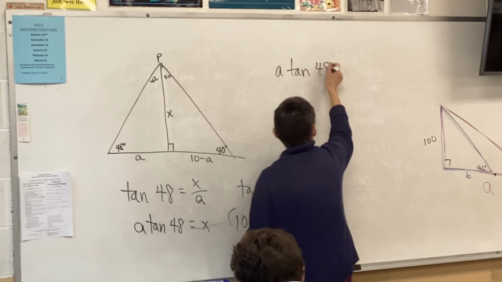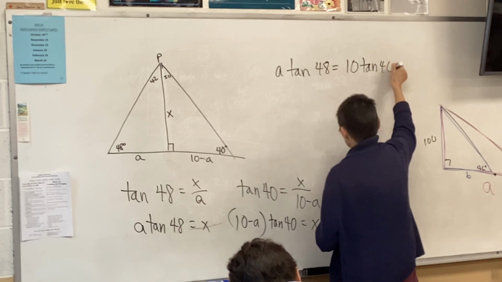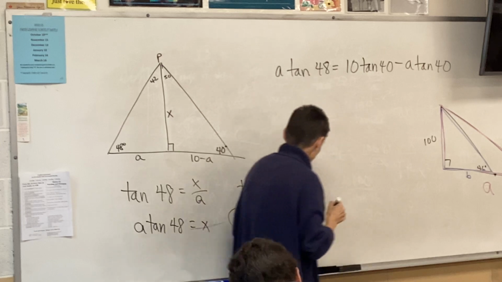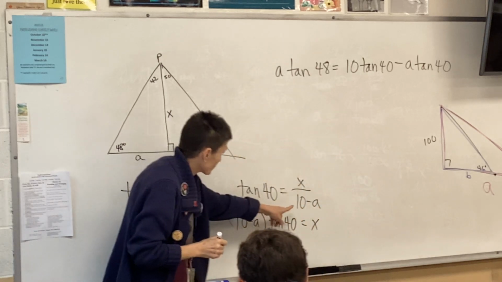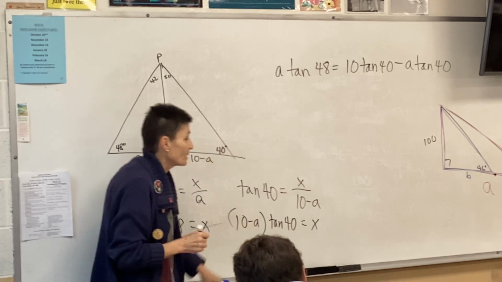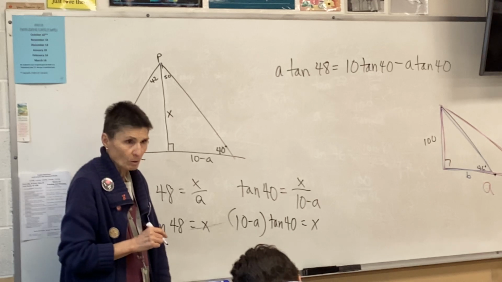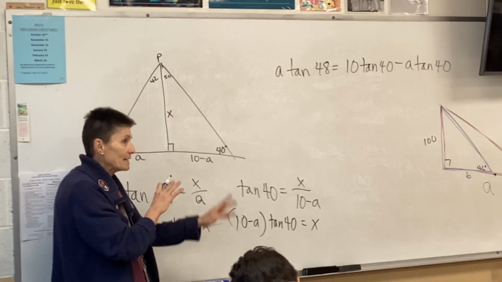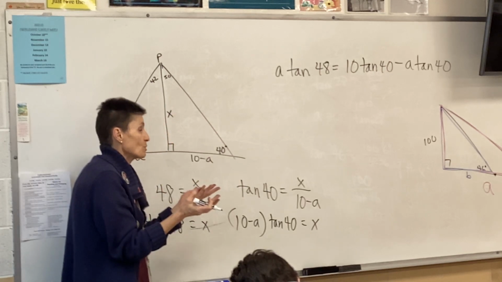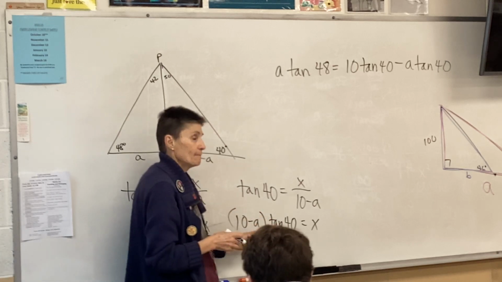So A tan 48 equals 10 tan 40 minus A tan 40. So I went ahead and distributed it here. I brought this over, distributed the tan 40. Remember, tan 40 is just a number, it's some decimal. I do not want to put that in at this point because I would have to round it off, but it's just a number. So I'm handling the tan 40 just like I would a number, so I can distribute it.